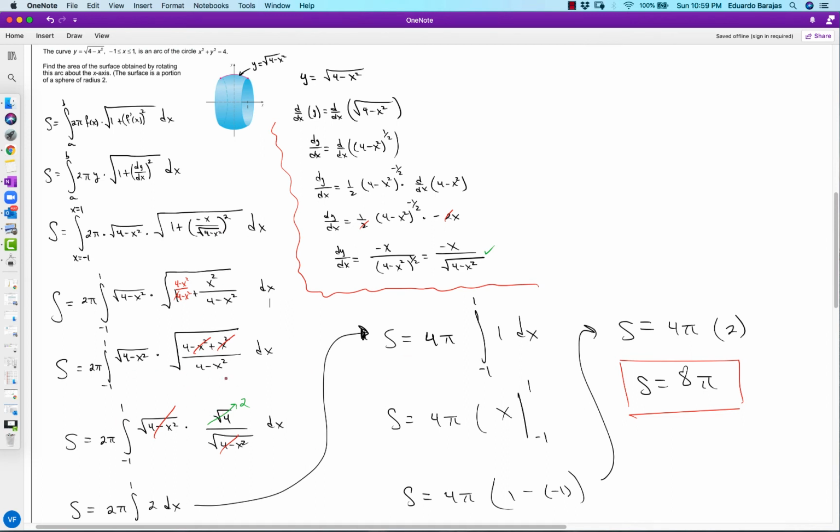Now, it might not be quite as easy as this one, but hopefully it's not too bad. Otherwise, if it does become something kind of ugly, at least we have an equation for it. We know what integral we want to find, and then you might be asked to use computers or some sort of technology to help you find that answer, to integrate something that's too difficult to do by hand.